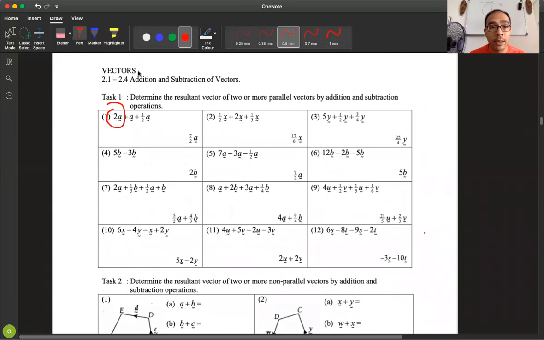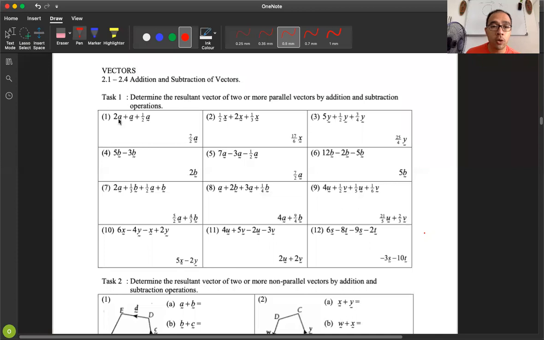For example, the resultant vector is what you get after you add everything together. The most important thing to remember, just like algebra, is that you can only add or subtract the same type of vector. If it's a different vector, in a different direction altogether, they cannot be added together, just like when we do algebra.